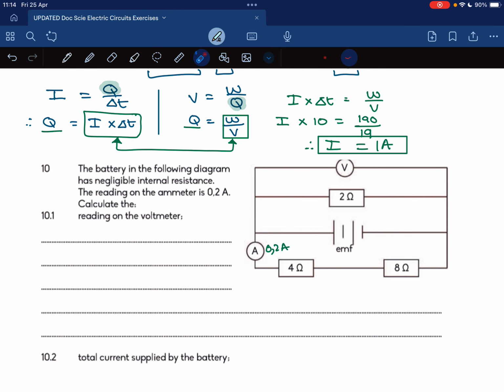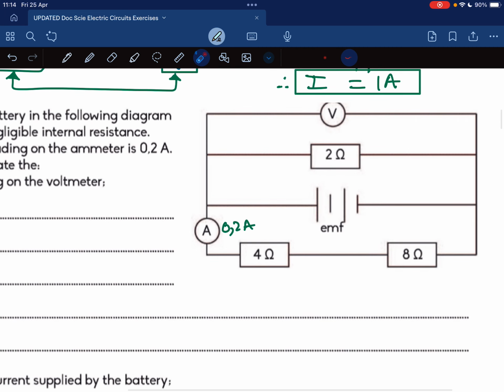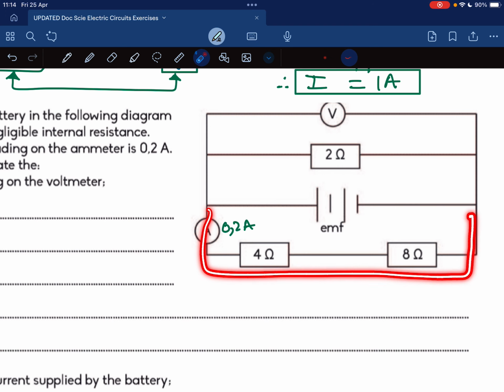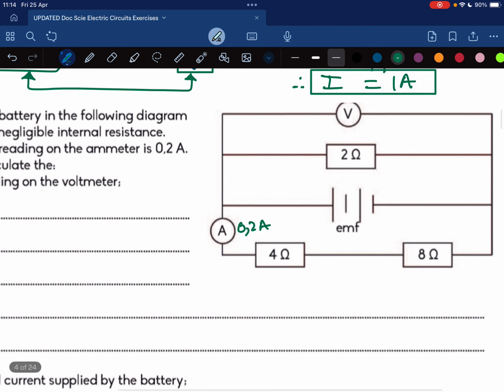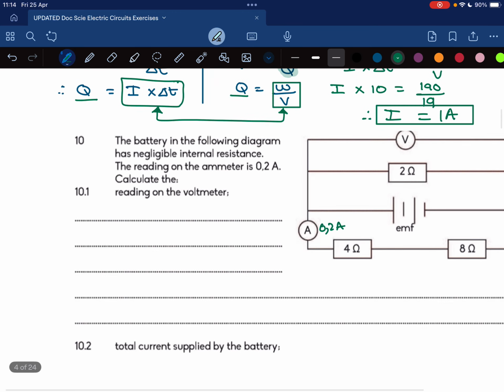All we're trying to do is see how we would find the voltage. Well, I can find the voltage through this part, because I know the current and I know the total resistance. So the R total for that part is equal to 4 plus 8, which is just going to be 12.